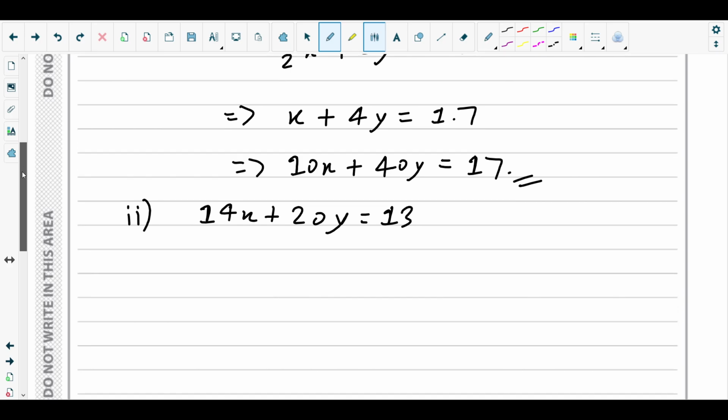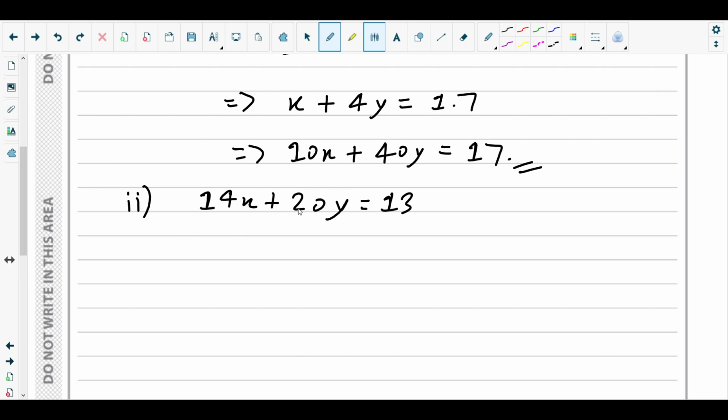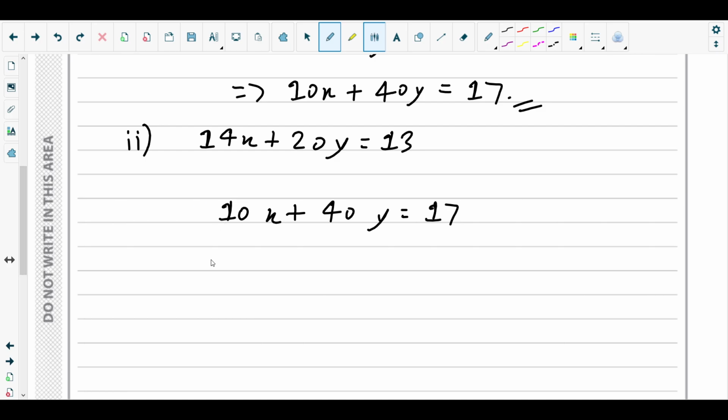So what we will do is multiply the first equation that we found in part A by 2, and then subtract it from the second equation. This is basically solving simultaneous equations using the elimination method. Multiplying the first equation by 2 gives 28x plus 40y equals 26.